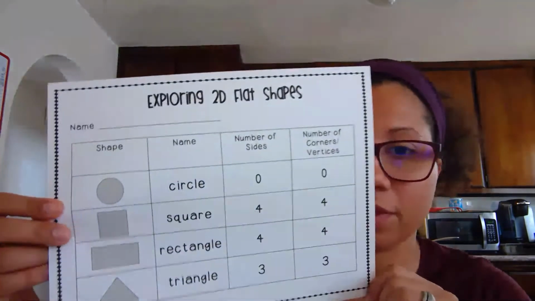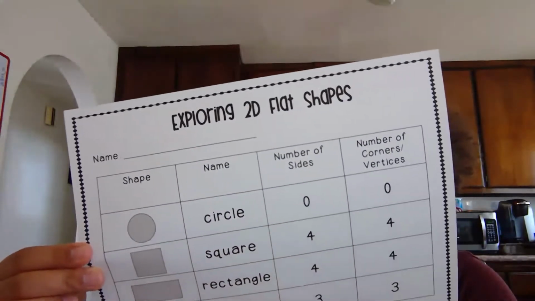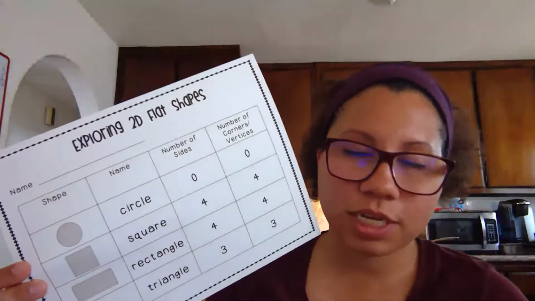Okay, let's move into math. So it is Shape Up Friday, and I know it's been a while and we don't have these resources on us, but for those of you that got my email asking for the work, you have a copy of this chart that we're working on. So I'm just going to go through the name of shapes. 2D is familiar.